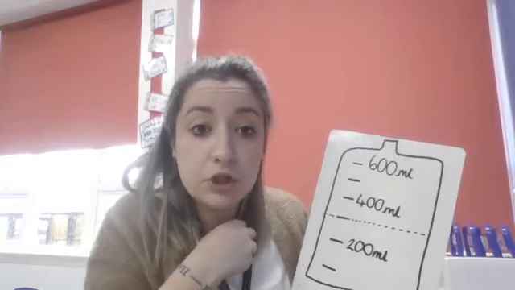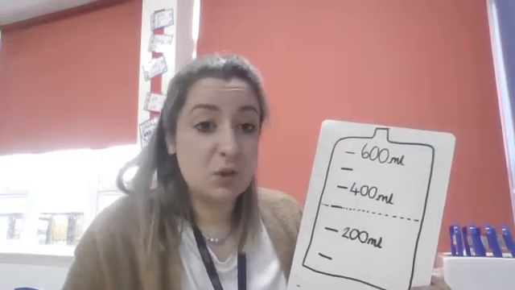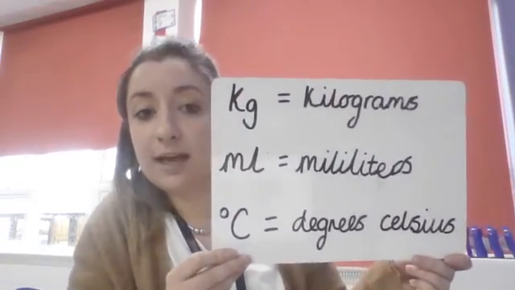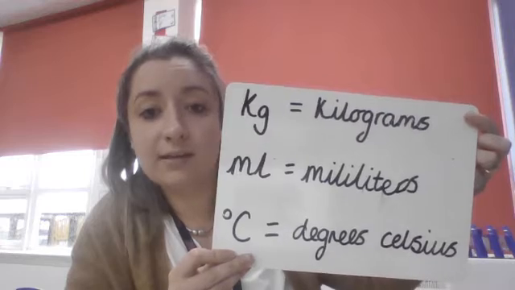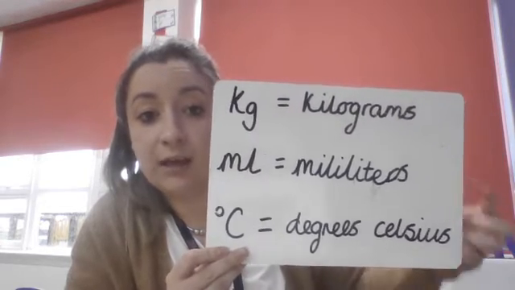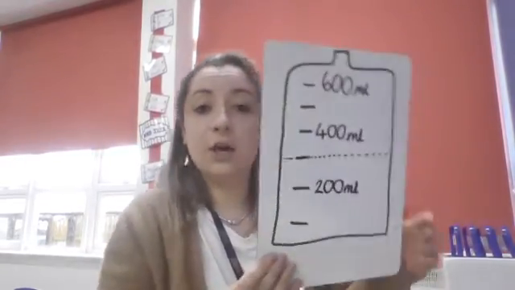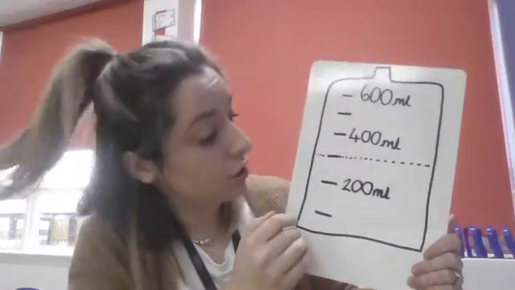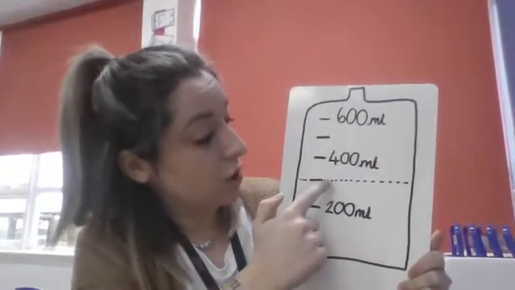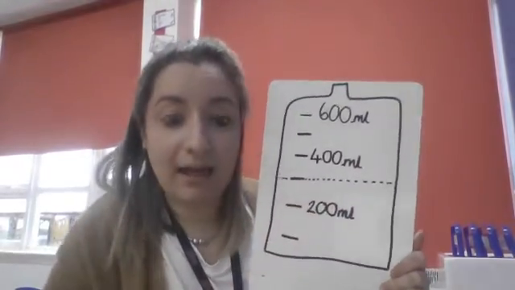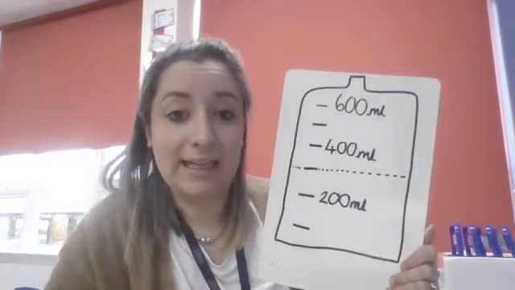We can't just put 300 because then the answer is incorrect. Let's look back at the very beginning of the lesson. What do I need to put? Are we measuring in weight, capacity, or temperature? If we are measuring inside a container, it's going to be capacity. So we need to make sure we put our answer as 300 ml, which stands for milliliters.